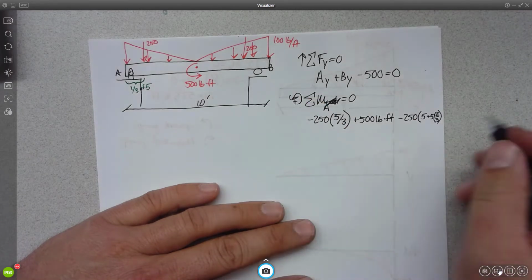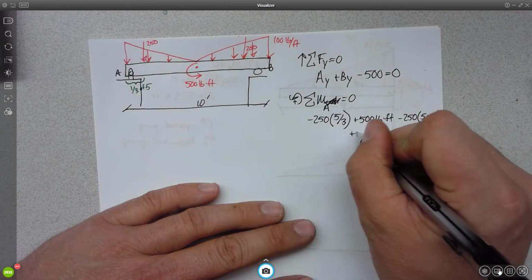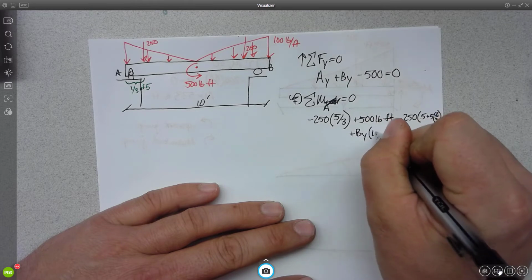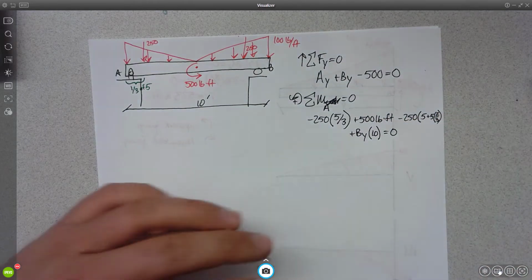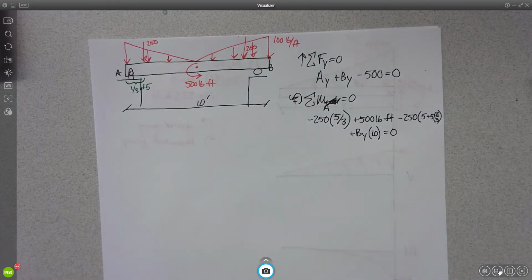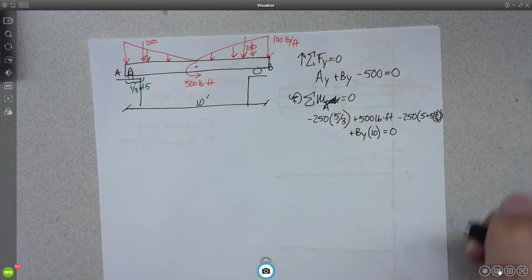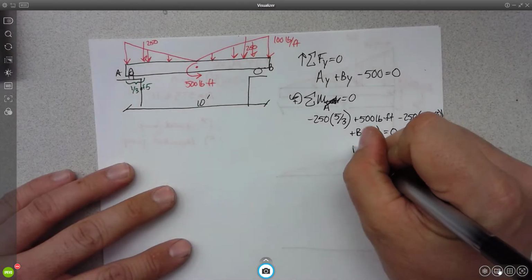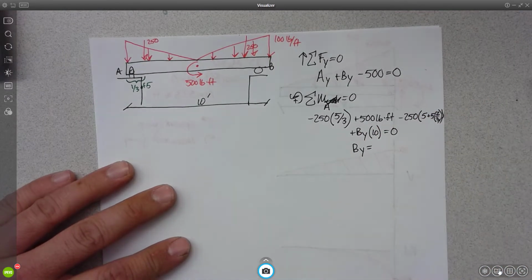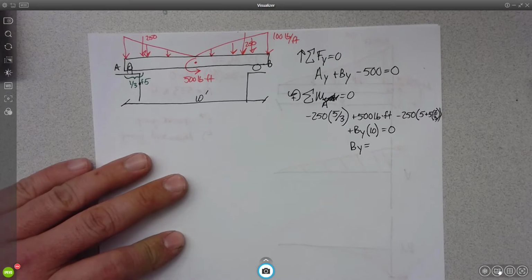And then I'll have plus BY times 10 equals 0. Okay? Could somebody with a calculator tell me what BY is equal to? Or Brendan with your magic brain? It's 383?